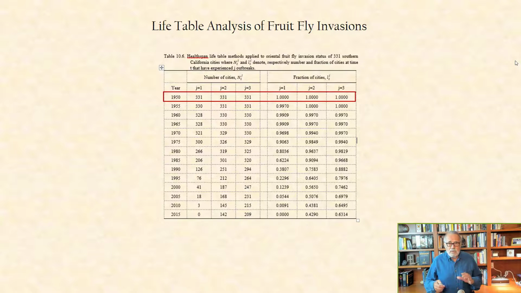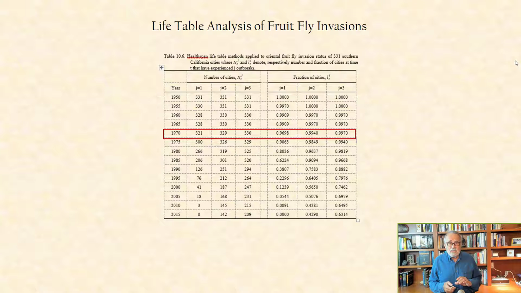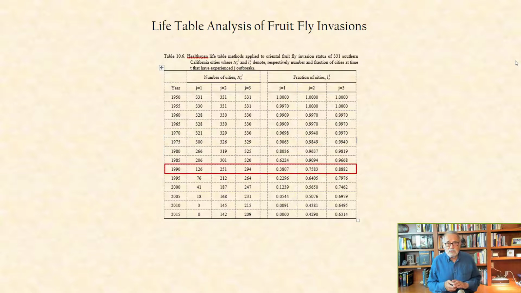Note that we start in 1950 with 331 pristine cities in all categories and the radix of 1.0 in all categories. By 1970, there were 321 cities that had yet to have a single outbreak, 329 cities that had yet to have 2 outbreaks, and 330 cities that had yet to have 3 or more outbreaks. By 1990, there were 126, 251, and 294 cities in these respective outbreak categories.